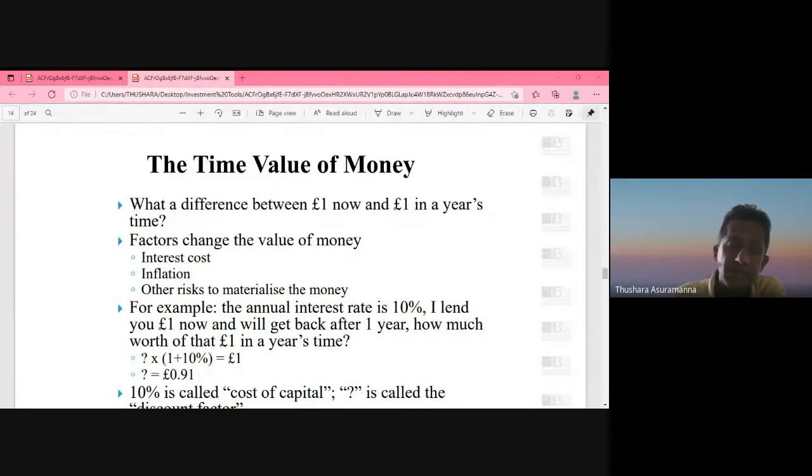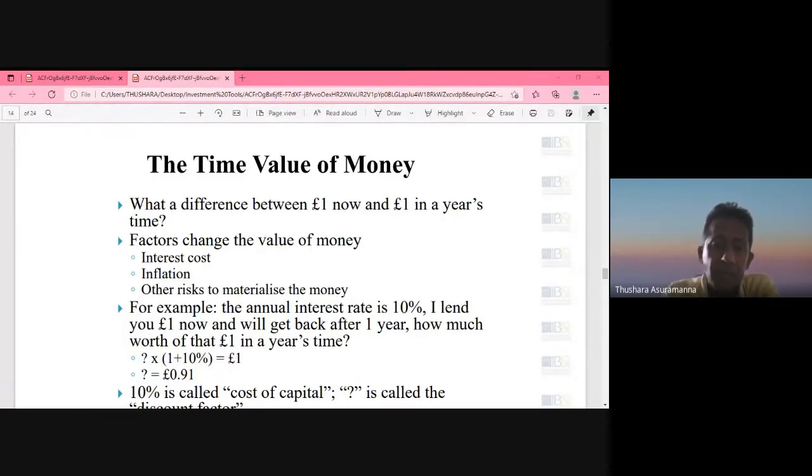Number 2, inflation. Remember, inflation may be 2%, 3%. Now it has gone to like 6.7 to 7%, meaning the value of goods could change due to this inflation. Maybe this inflationary impact has an effect on the goods or services that you plan to obtain in the future. That's another one.